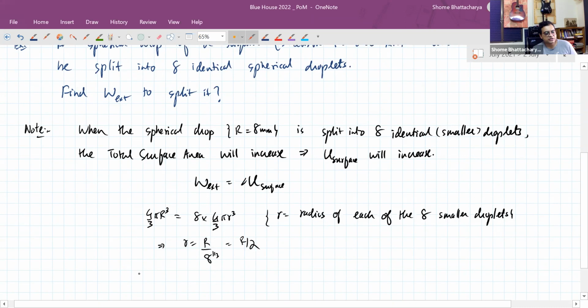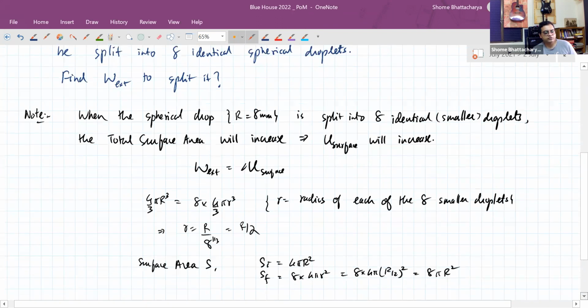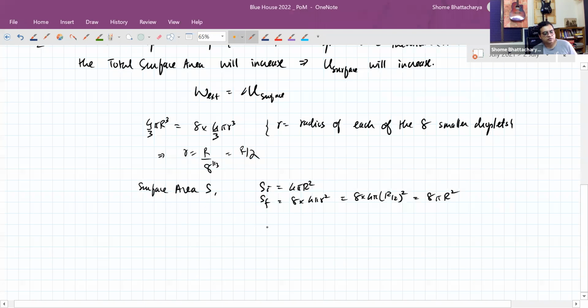So the surface area initially, S initial, was equal to 4 pi R square. Now S final has become 8 times 4 pi small r square. So you can see that it has increased by a factor of 100%.